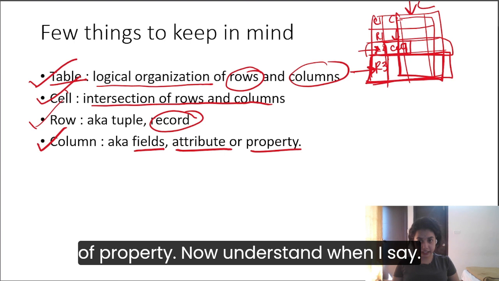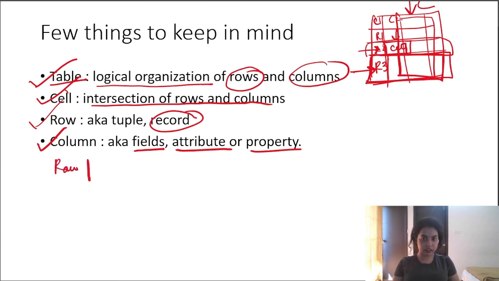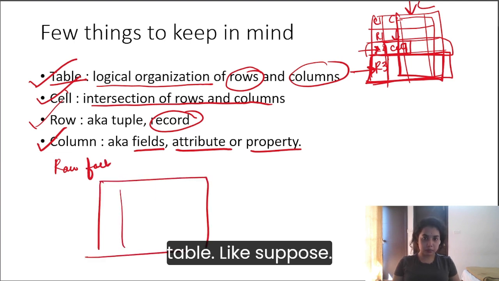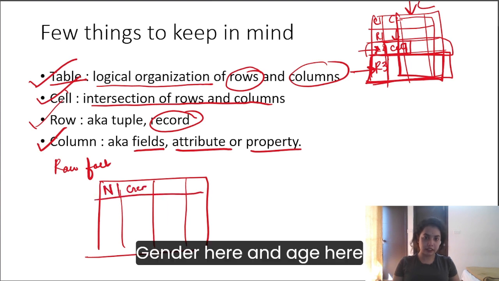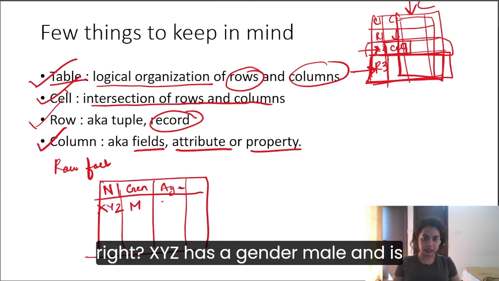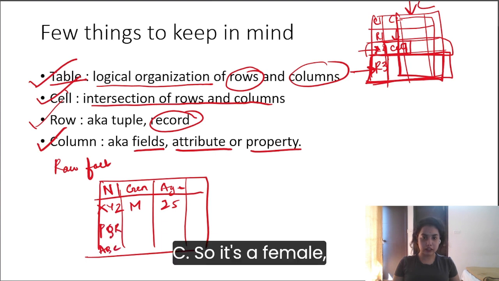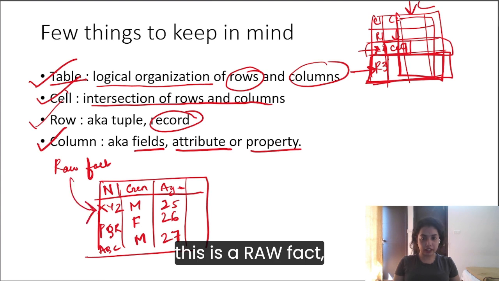Now understand, when I say what is data, it is a raw fact. Suppose I have name, gender, and age here. XYZ has gender male and he's 25. PQR and ABC are female, male, aged 25, 26, 27. So this is a raw fact.